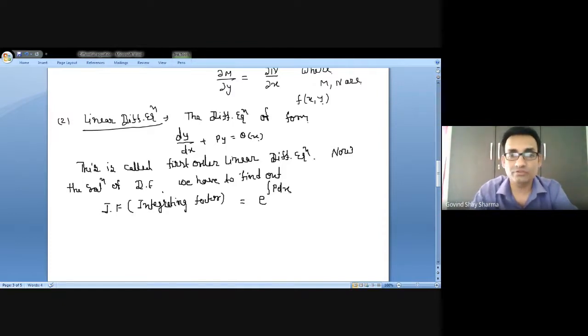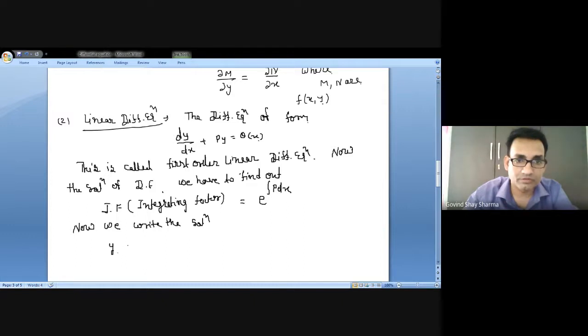Now we write the solution directly. Y times integrating factor is equal to the integration of q x times integrating factor plus c, where c is the constant.